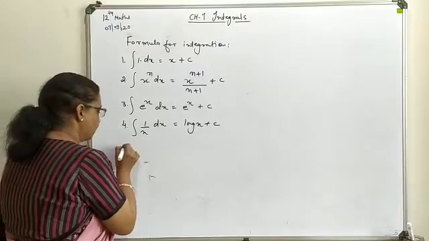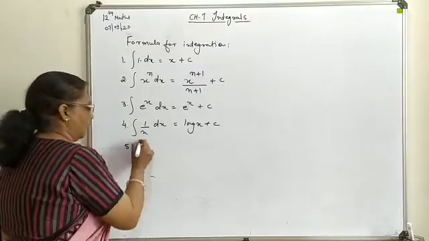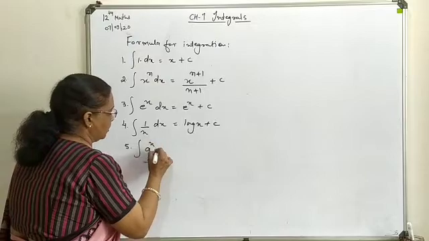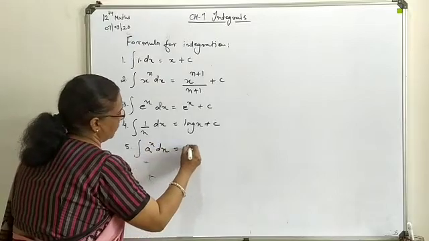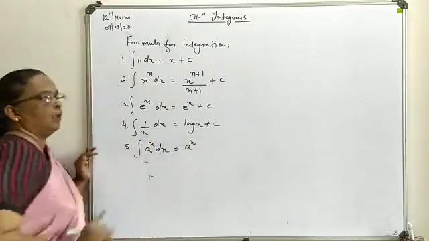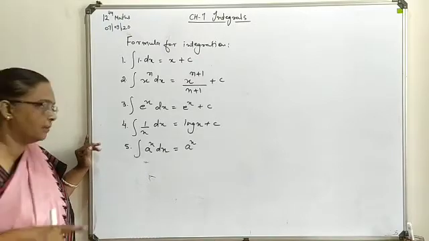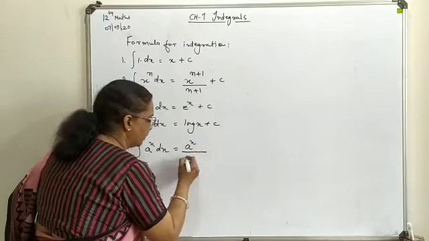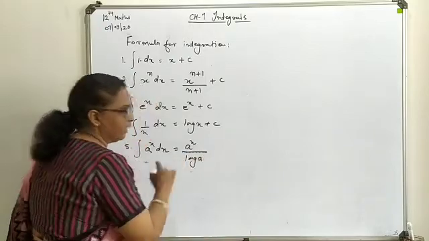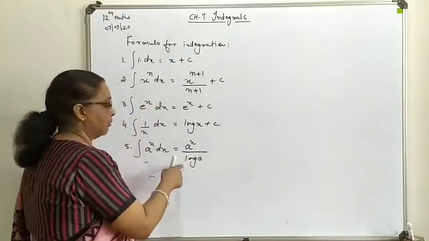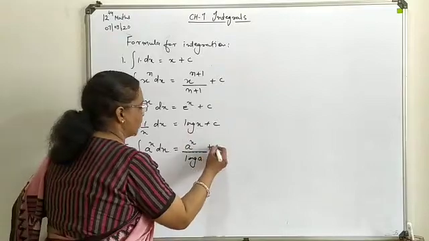Now the next is a power x, which also differs from e power x. In differentiation we were writing a multiple of log a, but here, instead of the multiple, we have the divisor log a, plus the constant.